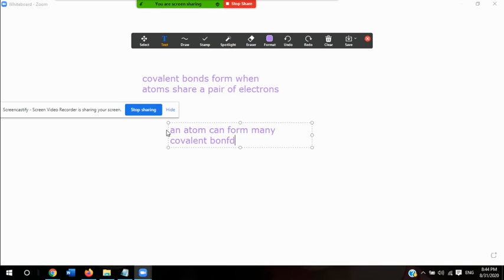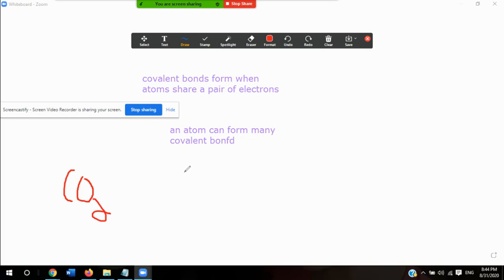So carbon dioxide is an example of atoms forming more than one covalent bond. And let me see if I can draw it here, or at least write the formula for carbon dioxide. So carbon dioxide, which is this, has more than one covalent bond. Okay, so very important that you guys understand that.